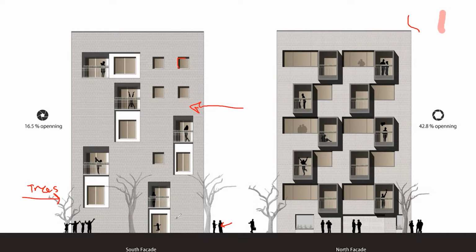They have different size windows. That's one thing you can gain from this. But it's a nice presentation of the south facade and the north facade of a building. From this, you can possibly count how many stories this has.